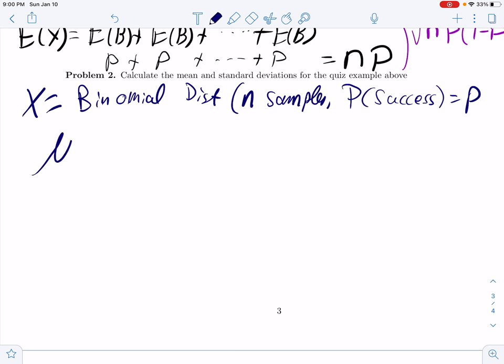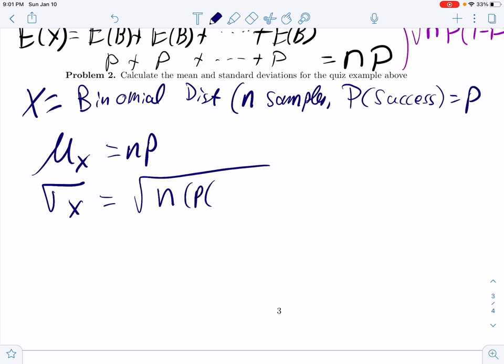The mean of x is np, and the standard deviation of x is the square root of n times p times 1 minus p.